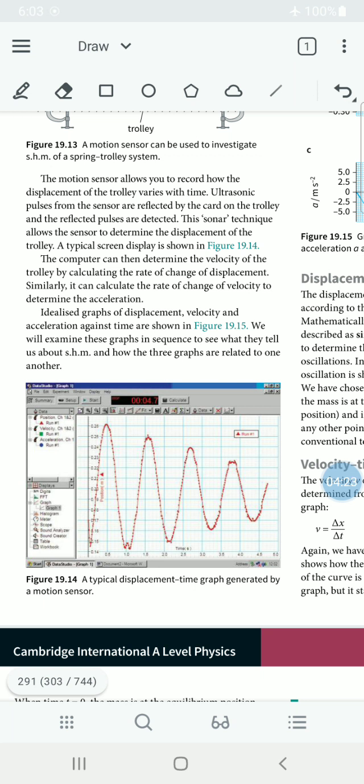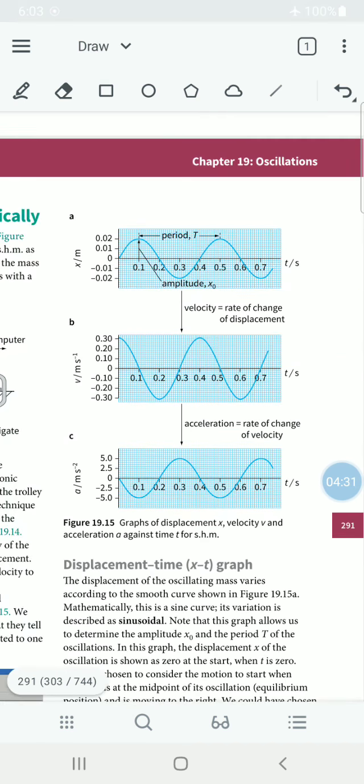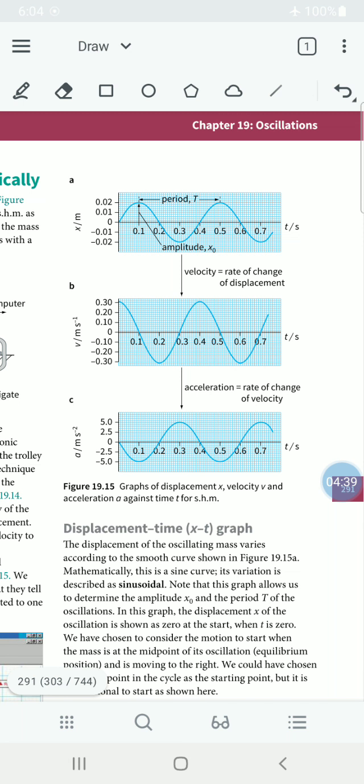We can actually vary and obtain a velocity time graph and also an acceleration time graph. So here it shows the acceleration time graph, velocity time graph, and the displacement time graph of a particular movement.